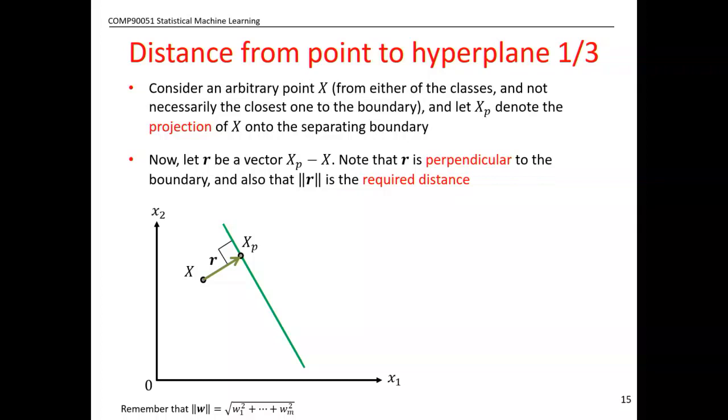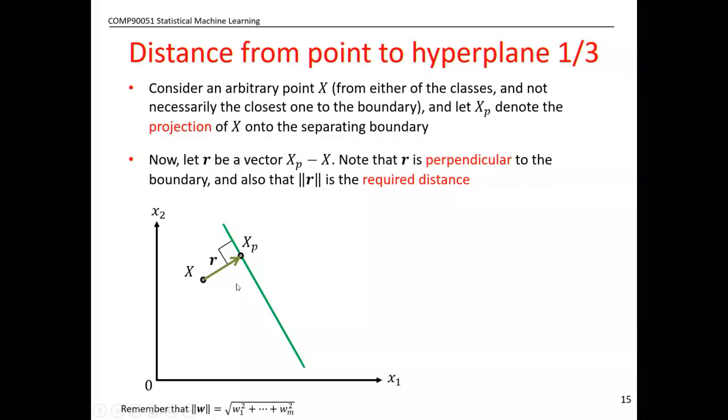When we're talking about Euclidean geometry and projecting a point onto a linear boundary, the projection is just the point on the boundary that creates a perpendicular line. So the line from X to the projection is perpendicular to the boundary. That's what this little square means.